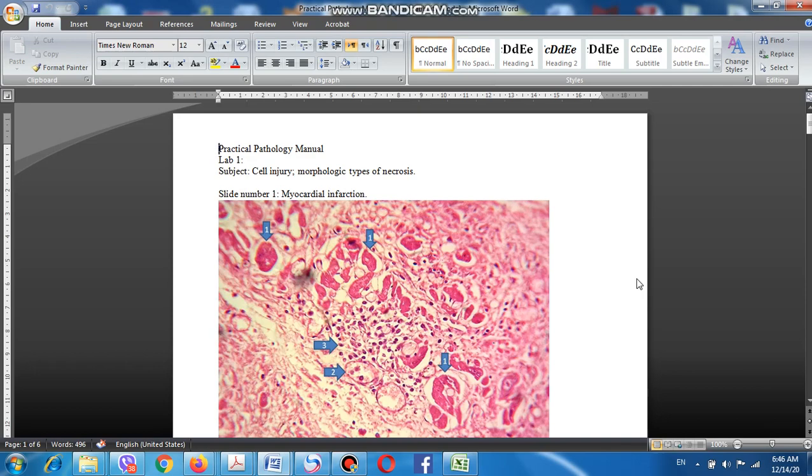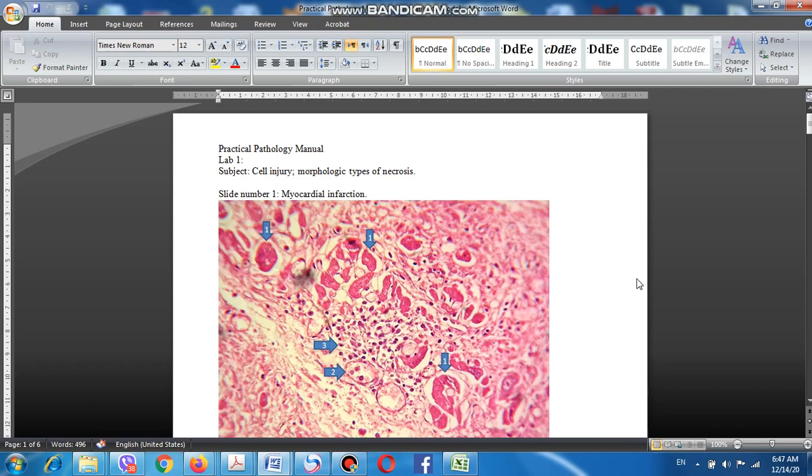And then these two processes compete with each other. If one becomes faster than the other, it will give us a special morphological feature that differs from the other. If coagulation is faster than lysosomal enzyme activation and lysosomal digestion, it will give a special morphological feature that differs from the opposite situation.